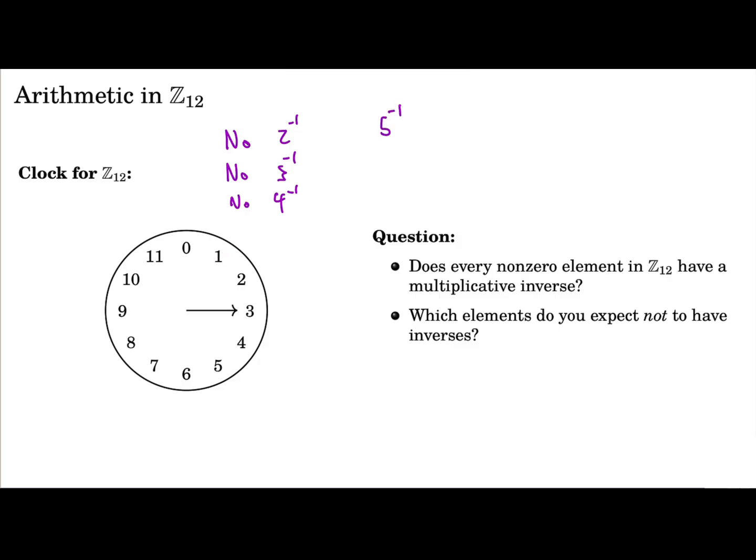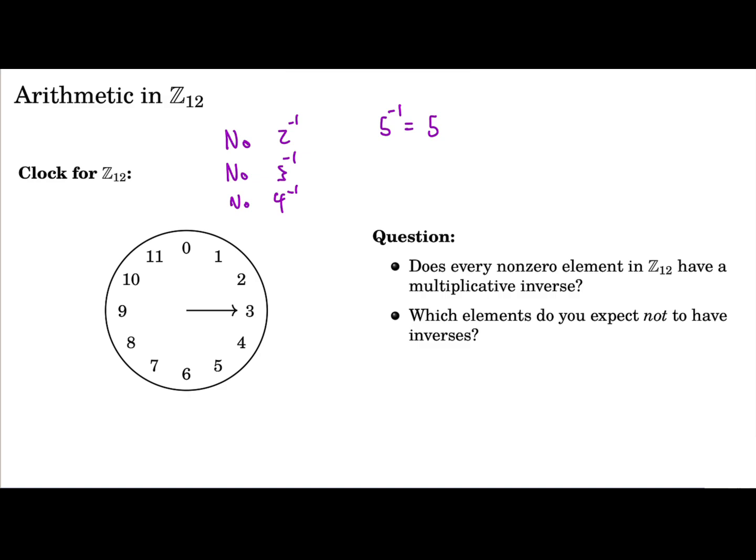So the inverse of 5, we can actually find it here. 5 times 1, 5 times 2, and then 1, 2, 3, 4, 5, this is 5 times 3, this is 5 times 4, this is 5 times 5. So it's going to be 5 itself here. If you multiply 5 by 5, you get 25. And 25, when you divide by 12, gives you 1 modulo 12.